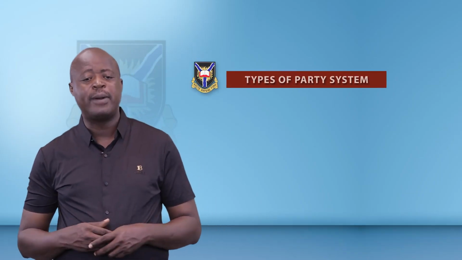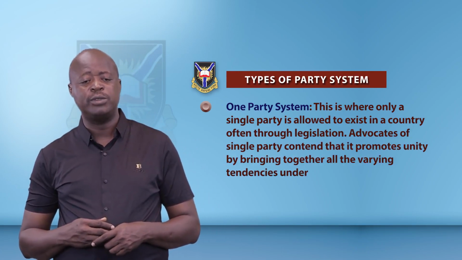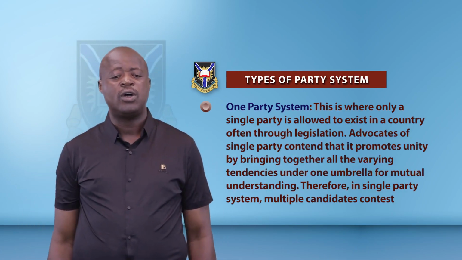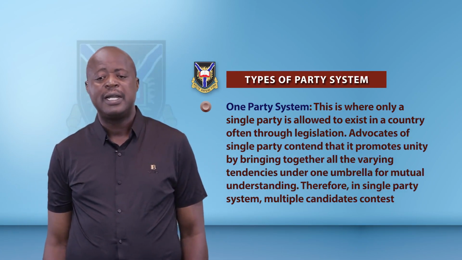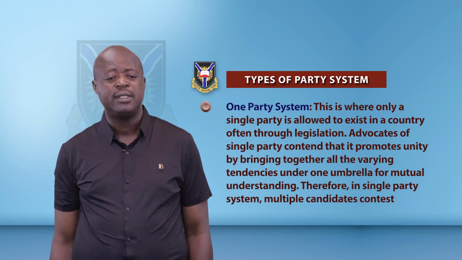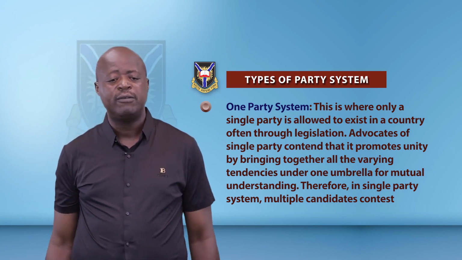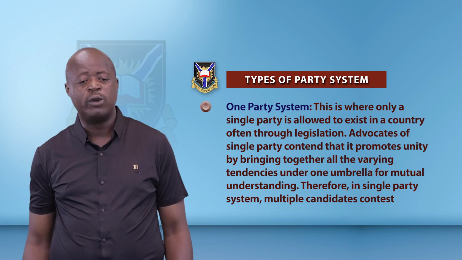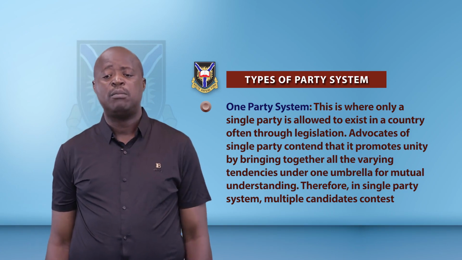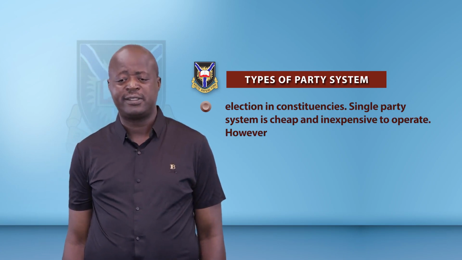The first one is one-party system. This is where only a single party is allowed to exist in the country, often through legislation. Advocates of single party contend that it promotes unity by bringing together all the varying tendencies under one umbrella for mutual understanding. Therefore, in single party system, multiple candidates contest election in constituencies.